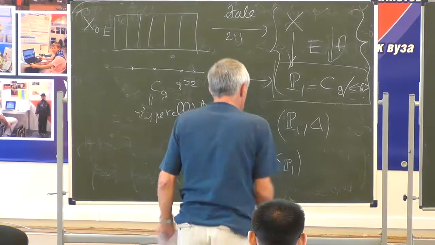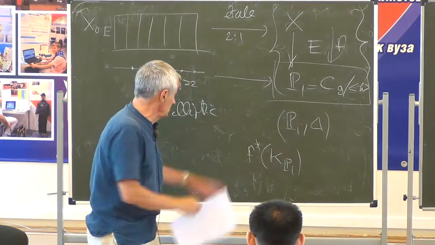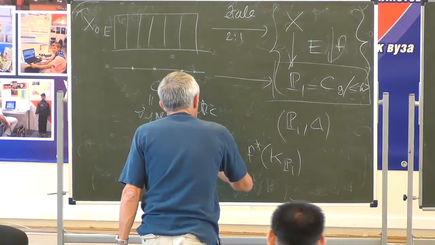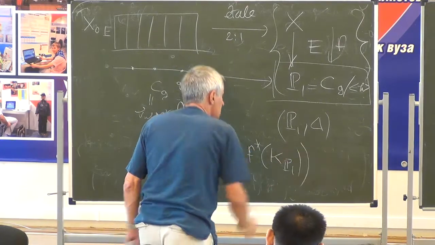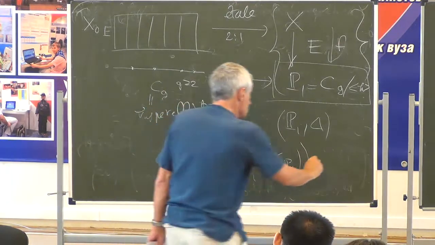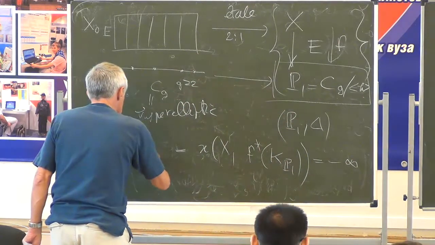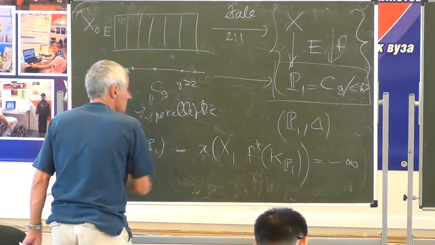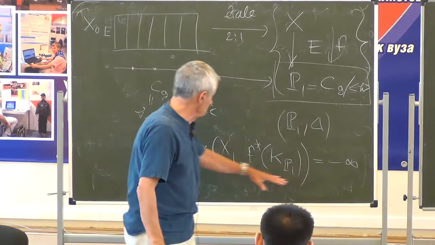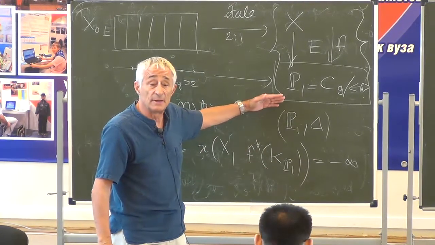So F star of K_P1, because this is certainly something on X. If we look at the kappa of X and F star of K_P1, we certainly get minus infinity, which is just kappa of P1 here. So we don't see anything just by taking the inverse image of this.